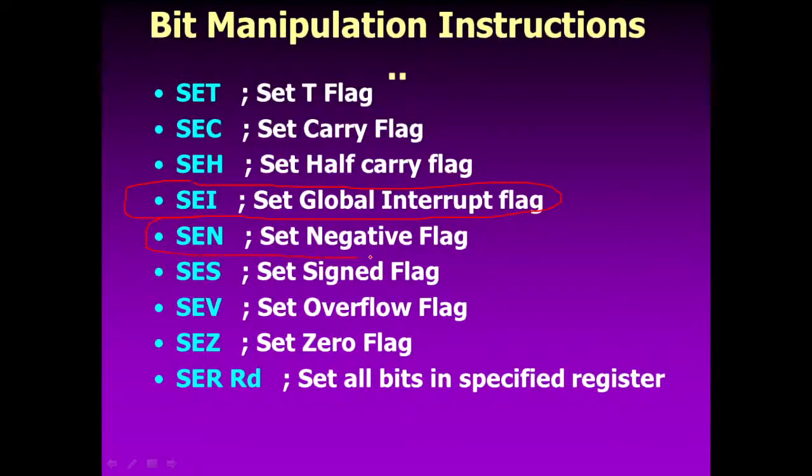SEN means set negative flag. SES means set sign flag. SEV means set overflow flag. As you can see here, the first SE is for set. It's very simple to remember. SE is for set and the remaining is for the corresponding flag. So if you want to set the zero flag, SEZ.